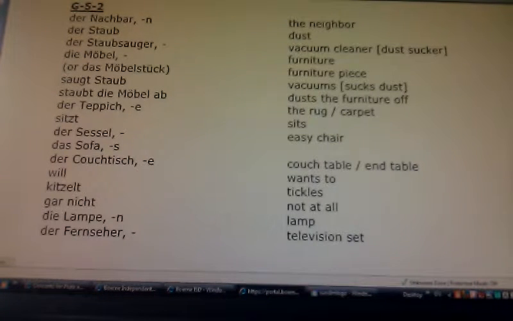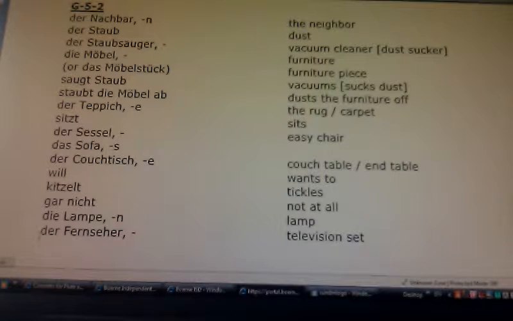And kitzelt, we've had that before, that means tickles. Then we have gar nicht, that means not at all, or at all not, really, because nicht is not, and gar is like all. It's just the word order is different in German and English. Die Lampe, well, gee, let me think really hard. The lamp, yes.